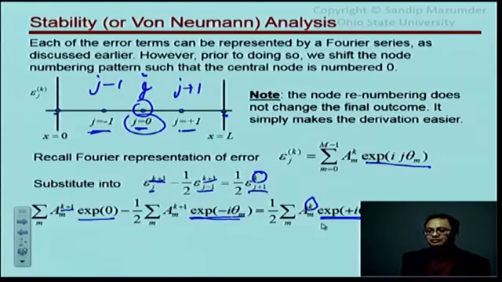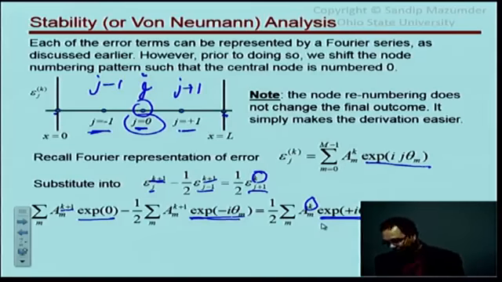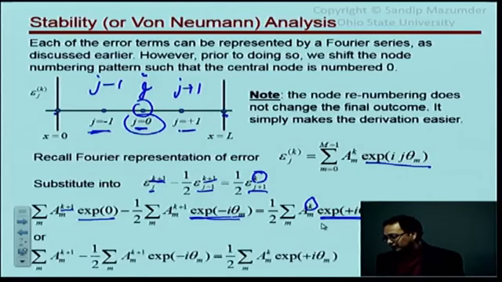So shifting the index just simplifies the math a little bit. Any questions on that? These are important steps that we'll be doing for all iterative methods. If I simplify further, e to the power 0 is 1, so that goes away, and I'm left with those two other terms.